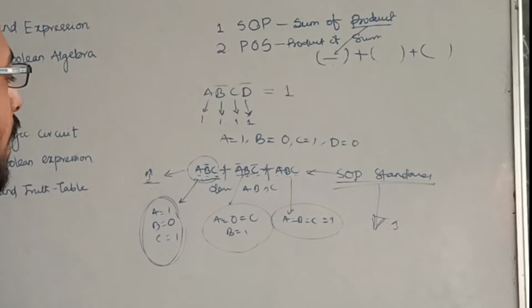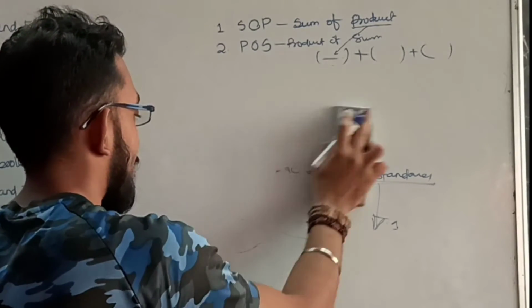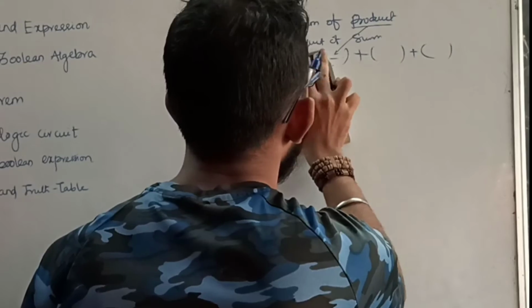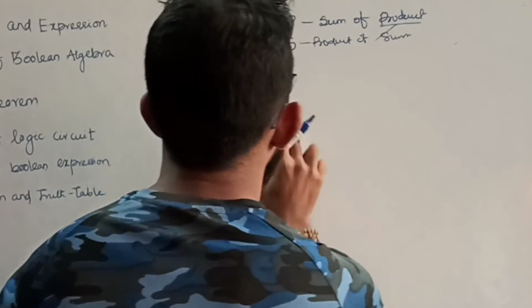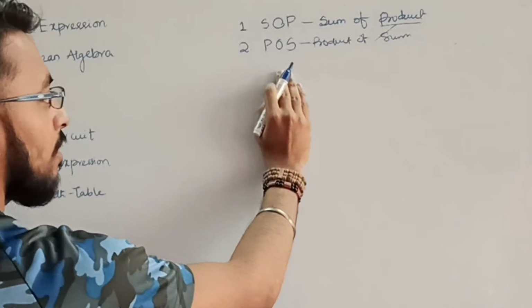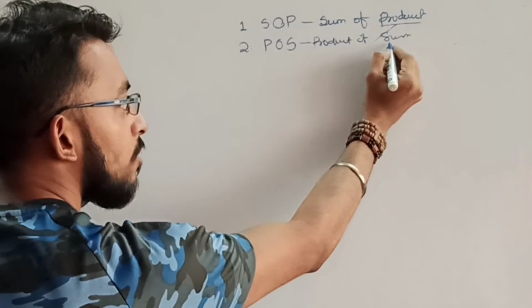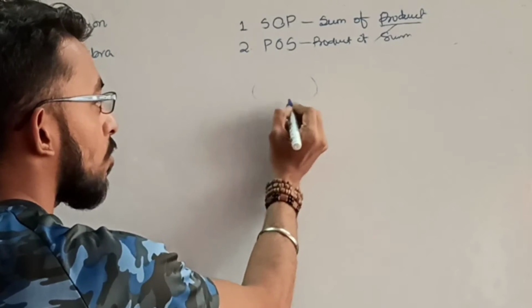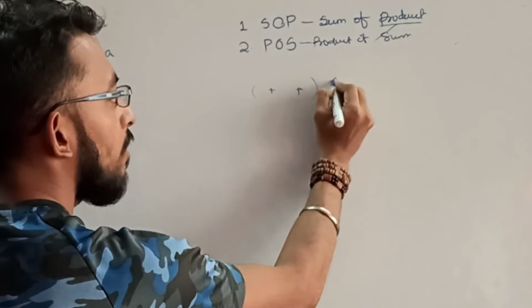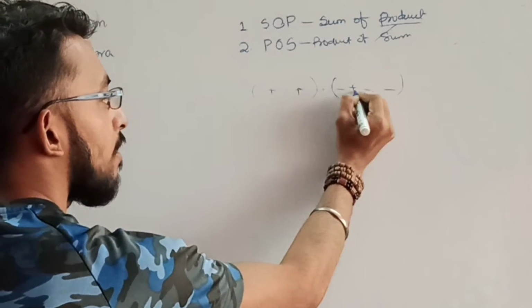Now we will see the second one, which is nothing but the product of sum. From the name you can tell that product of sum means, since the sum is coming first, first they will be summed, and then the sum terms will be multiplied, and it ends.